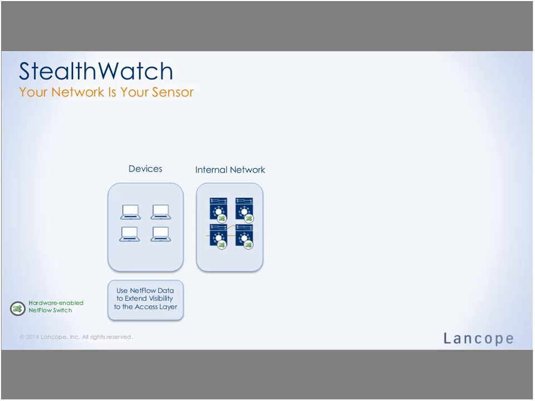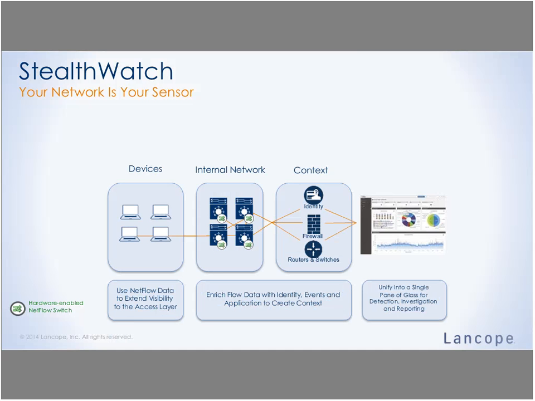One of the conversations that have been coming up is really this idea of using StealthWatch as the network is your sensor, right? This idea of just turn the lights on the network, send the data via NetFlow into StealthWatch.